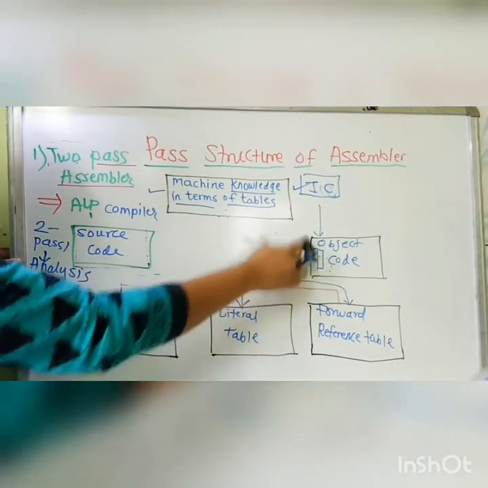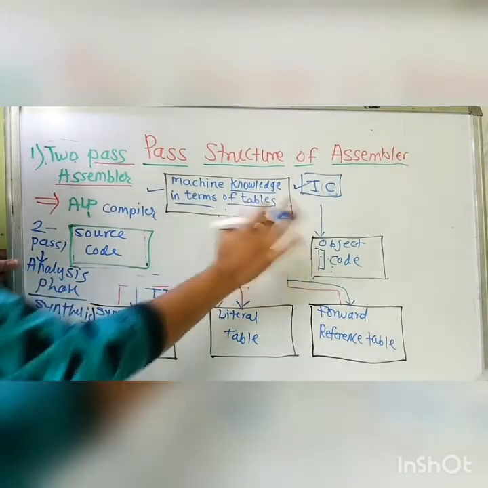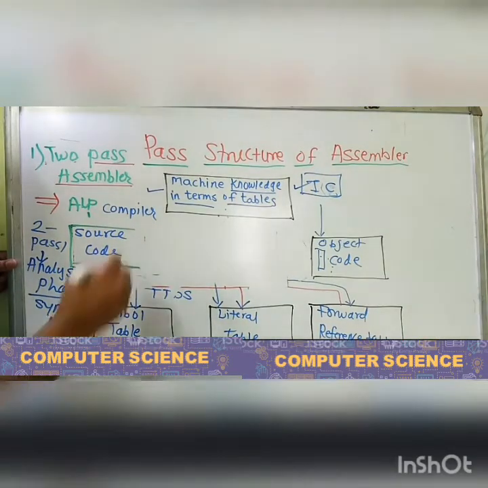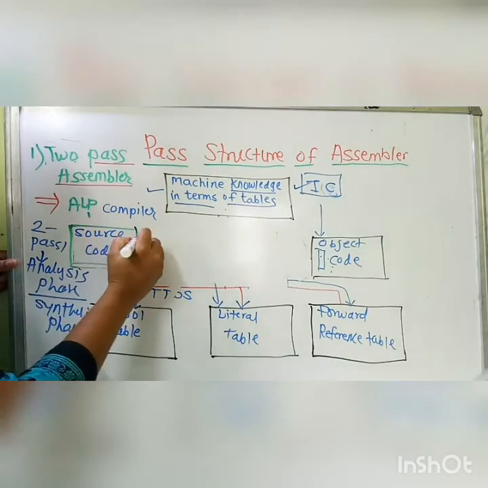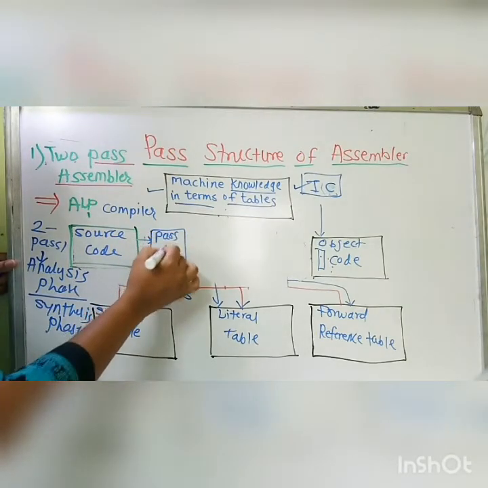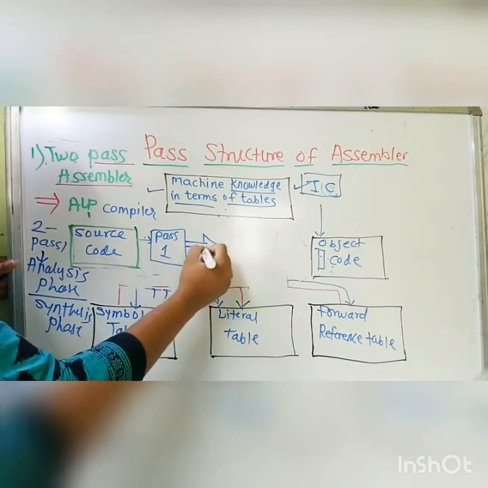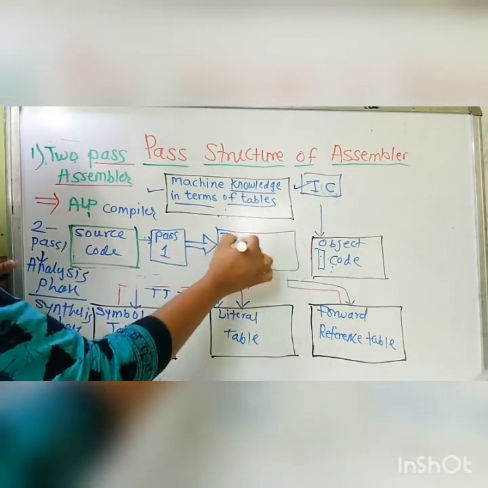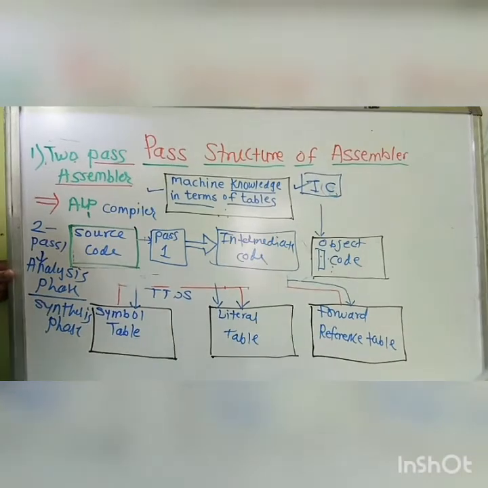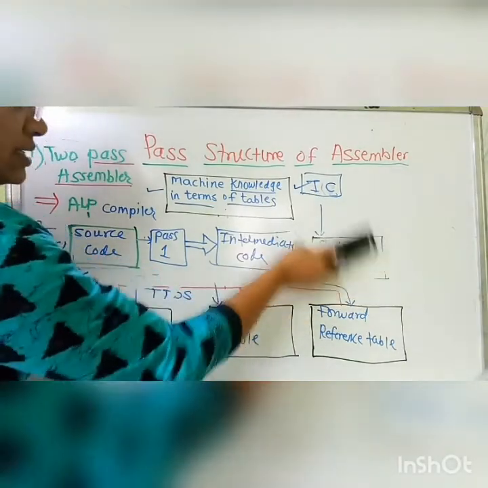First of all, as in the previous one, it will take only the source code, pass it to the assembler and get the object code. But we know that it goes through the source code twice. Pass 1 transforms the source into the intermediate code, which is given as input to the second pass.